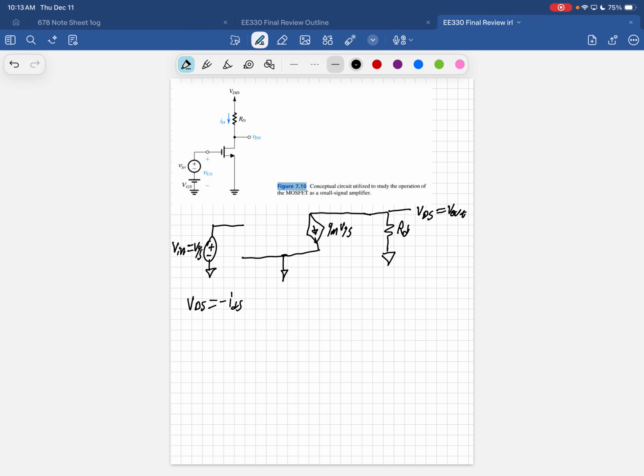Negative IDS because we're reversing it, times RD. IDS equals GM VGS, so we'll swap out IDS with GM VGS times RD.